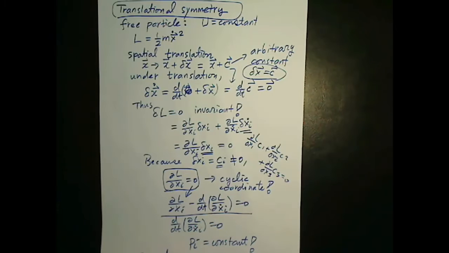If we shift the position by a finite piece all over the space, we call it a translation transformation. Under the translation transformation, the free particle Lagrangian is invariant. The result is that the linear momentum is conserved.